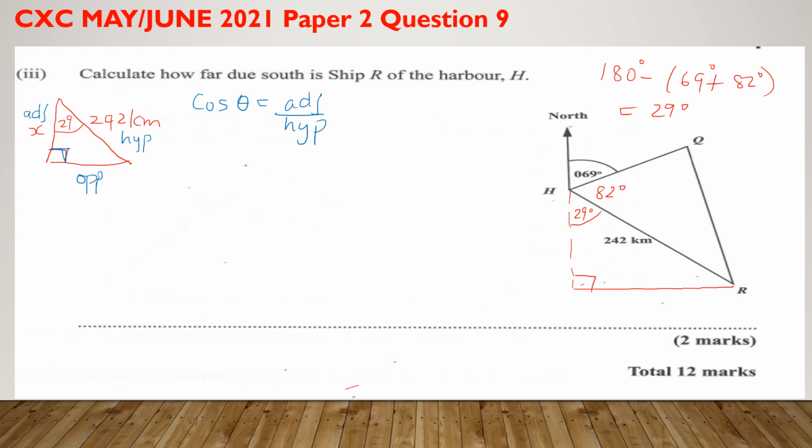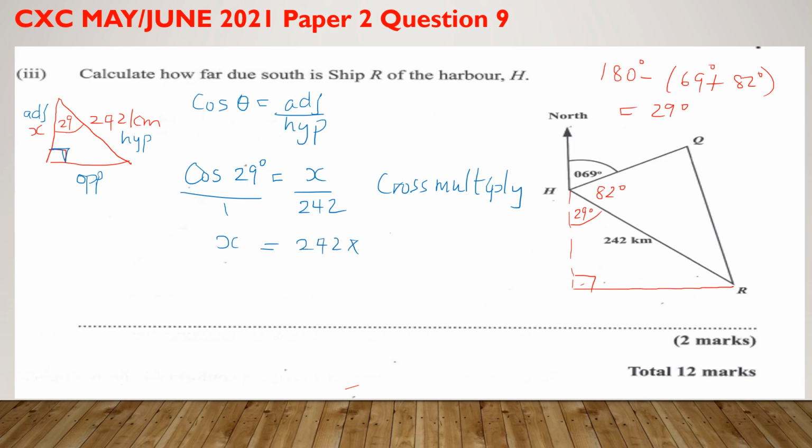Now I have a video on this and I will put it in the description below. So let's go. So cos, the angle, is 29 degrees. The adjacent, that's what we are trying to find. And the hypotenuse is 242. That's over 1. So we're going to cross multiply. That's going to give us x is equal to 242 times cos 29 degrees.